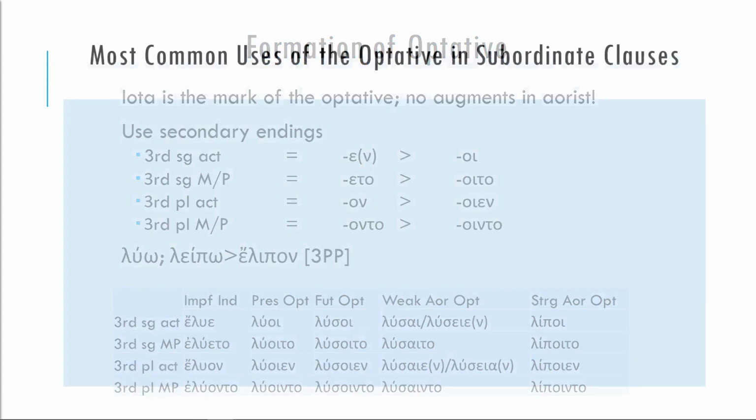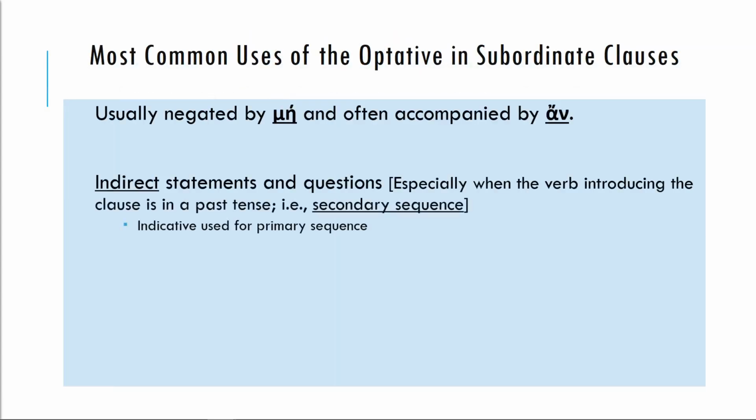Like subjunctives, they're usually negated by me. They are often, but not as often, accompanied by an. And they're used especially in indirect statements and questions that follow a verb in the past tense. They're only optative because they're in a subordinate clause after the verb in the past tense.